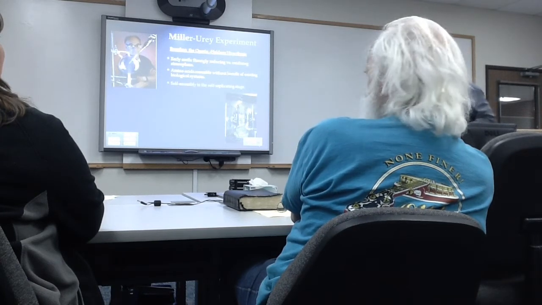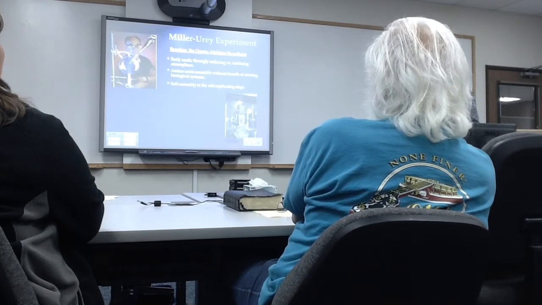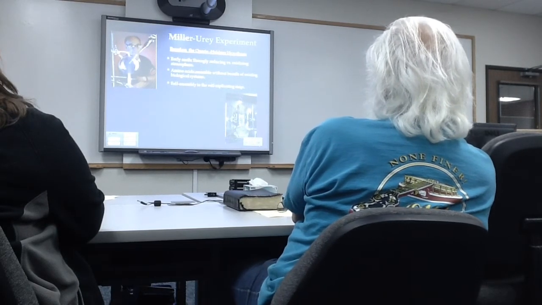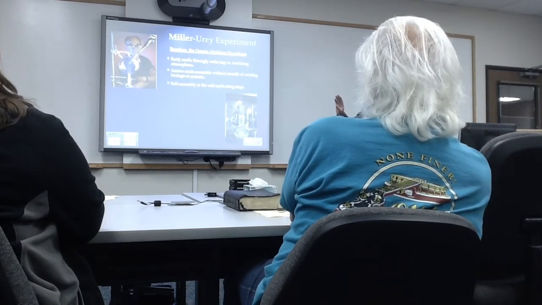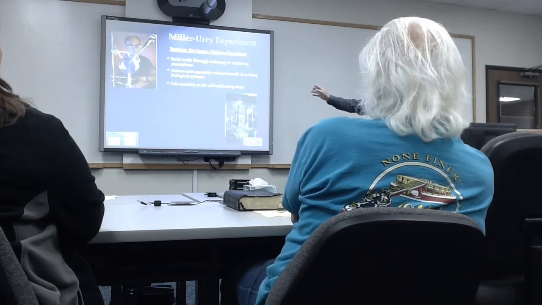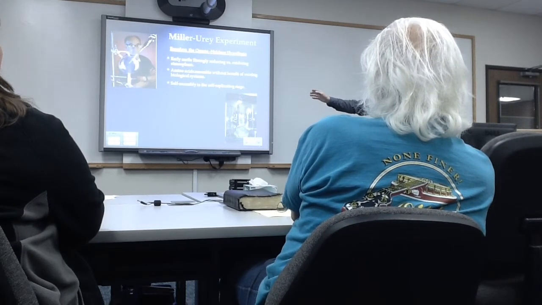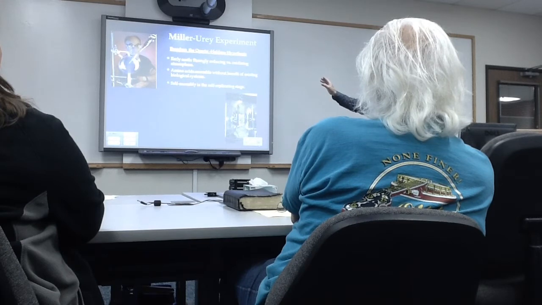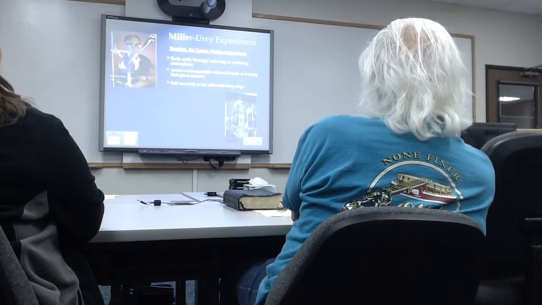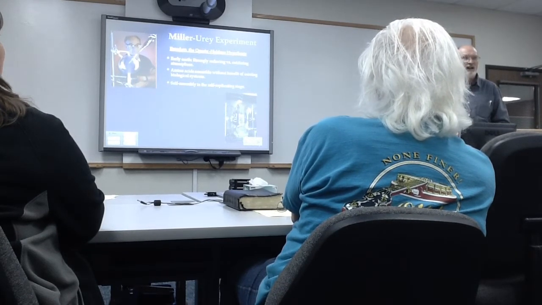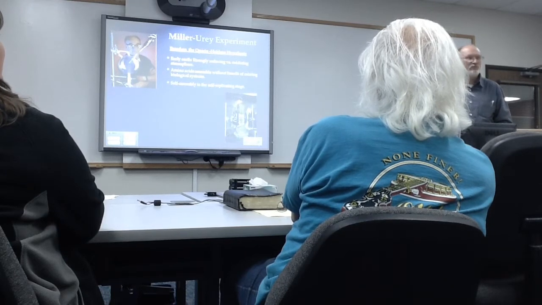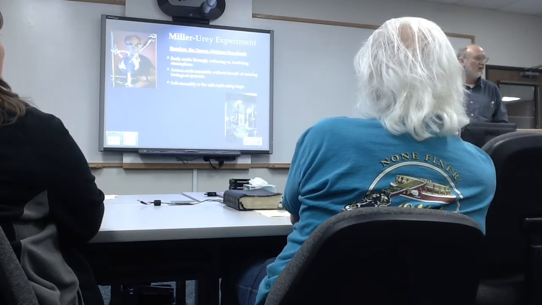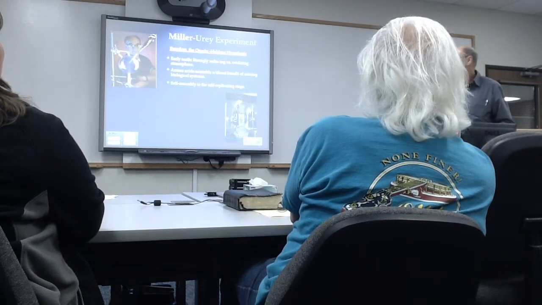Now at that point, Oparin and Haldane said, well, they just sort of began to self-assemble to the self-replicating stage. Now, in the 1920s, when they came up with this idea, in the world of biochemistry, science is moving astoundingly fast. I did this presentation 4 years ago, and there's a lot more known now than there was even 4 years ago.